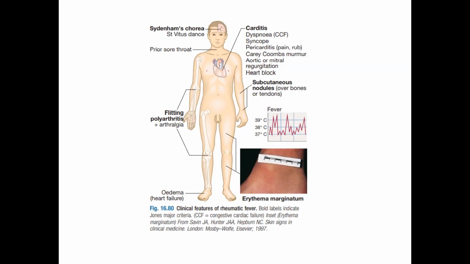Then aortic or mitral regurgitation and heart block will be there. There are subcutaneous nodules over bones or tendons, and there is fever and erythema marginatum. So these are the features of rheumatic fever. The important ones are Sydenham's chorea, Carey-Coombs murmur, flitting polyarthritis, subcutaneous nodules, erythema marginatum, and also carditis.